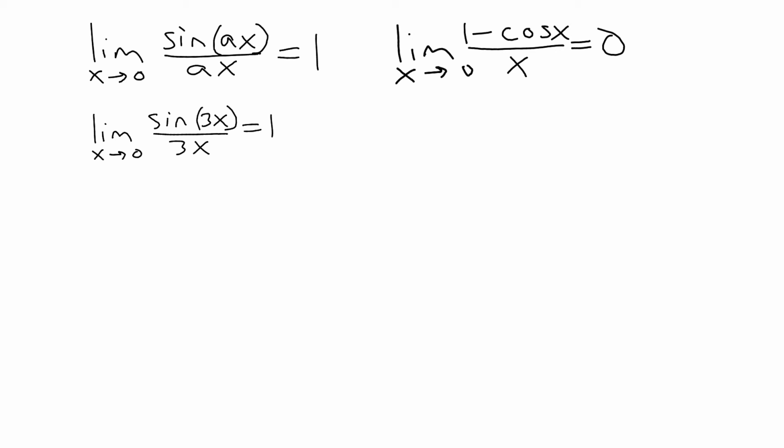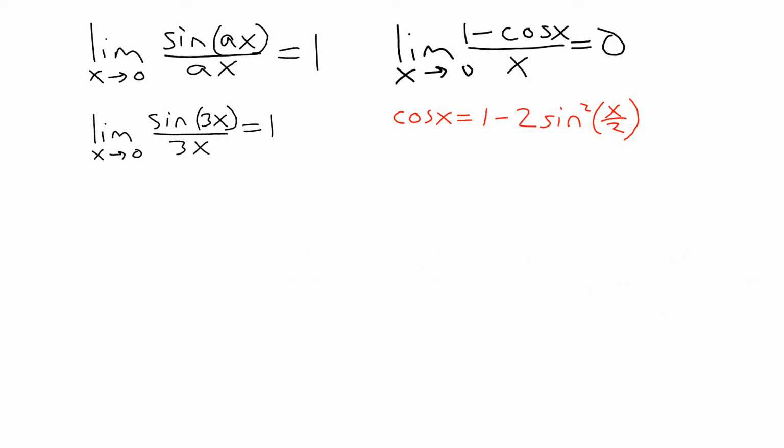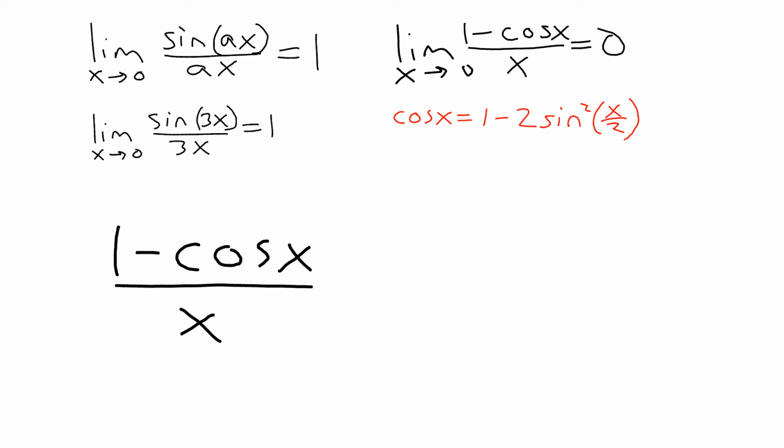And to convince ourselves that we can use this also as a rule, we use the double angle formula, which says that cosine of x is equal to 1 minus 2 times sine squared of x over 2. So basically what we want to do is take our expression 1 minus cosine of x over x and rewrite it using this double angle formula.